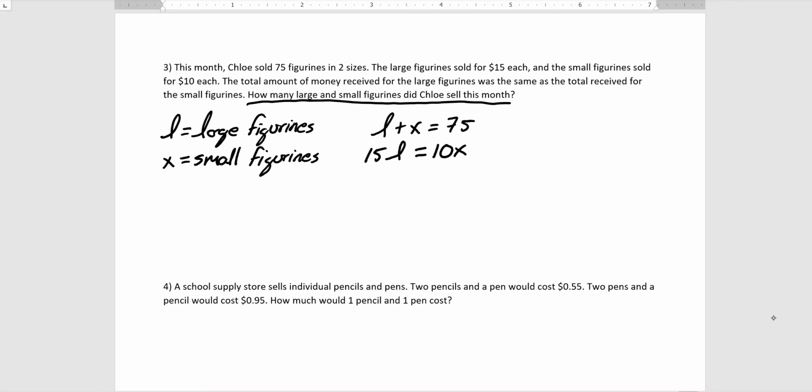So let's use that. Those are going to represent our systems of equations. They look a little different than what we're used to, but we can still use substitution, and we could use elimination if we wanted to move them around a bit. But let's do this here. Let's say that X equals, I'm going to subtract L, so 75 minus L. So let's plug that in. So that means that 15L equals 10 times 75 minus L. Alright, very nice.